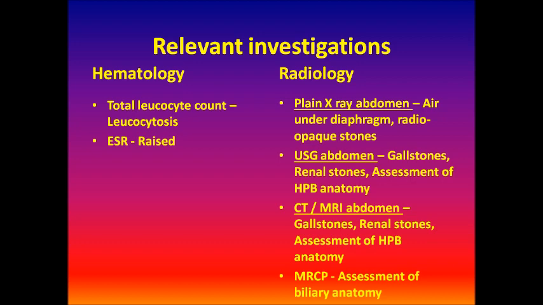The ultrasound of the abdomen will indicate the gallstones, the renal stones, and also assess the hepatopancreaticobiliary anatomy. The CT or the MRI of the abdomen will also assess the HPB anatomy. MRCP is a specific investigation to assess the biliary anatomy.